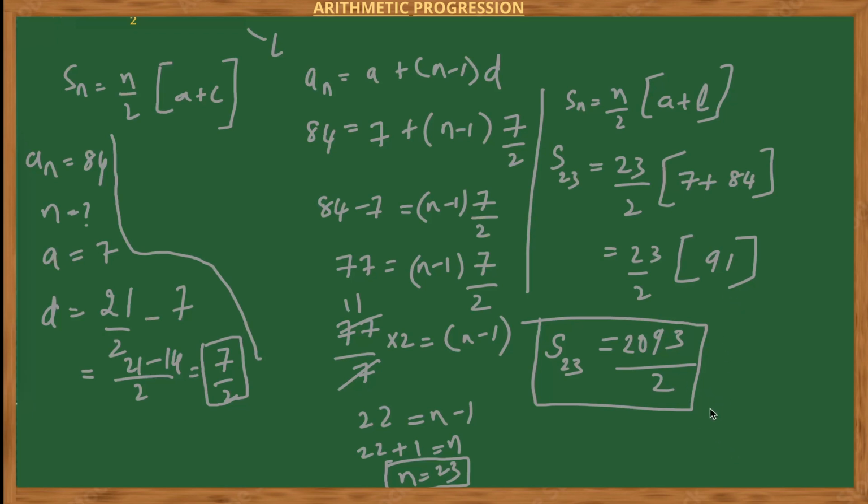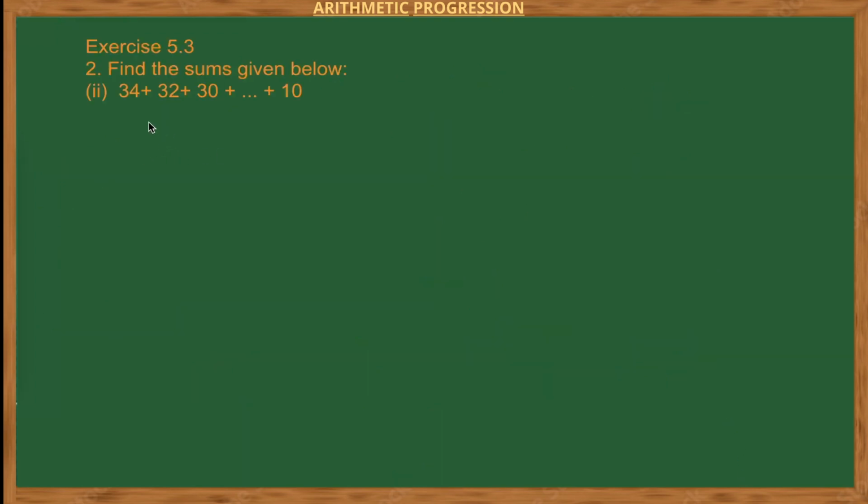This is how we can solve, and let's see what is there in our next question for us to solve. Here, find the sum given below. A is given as 34, D is given as 32 minus 34, which is equal to minus 2, and N is the one which we need to find here.